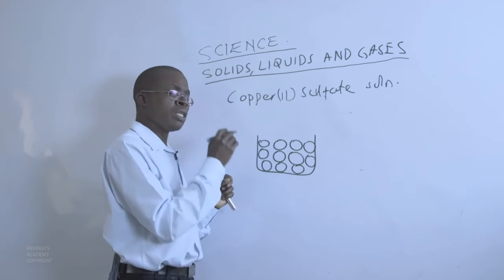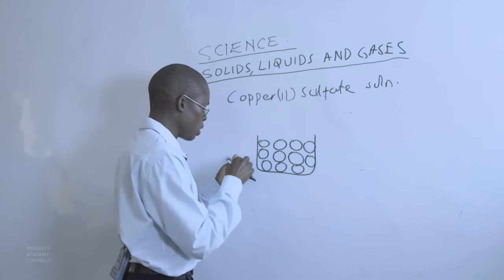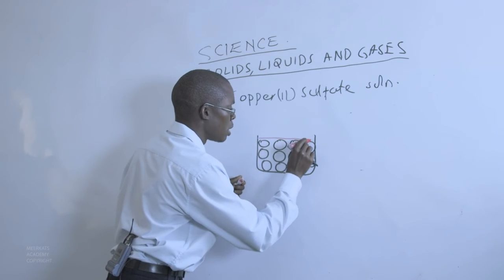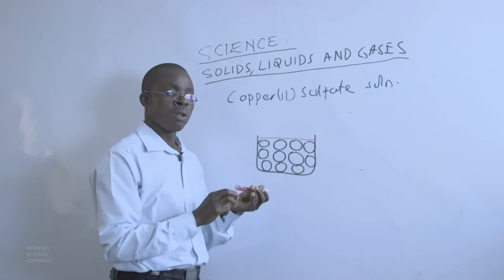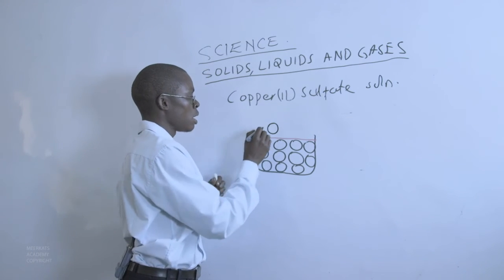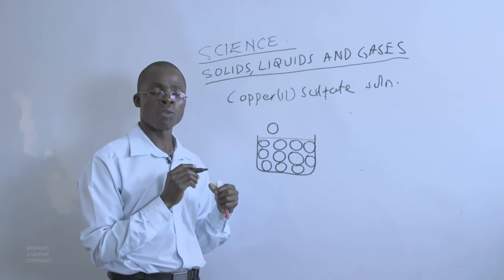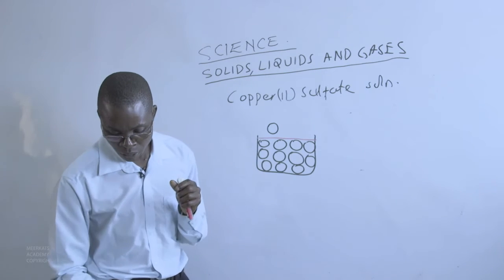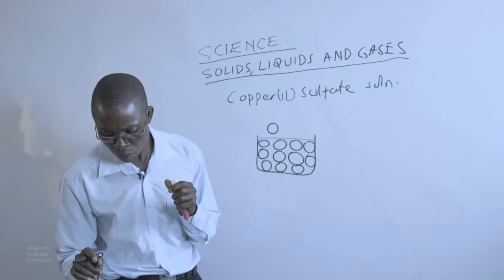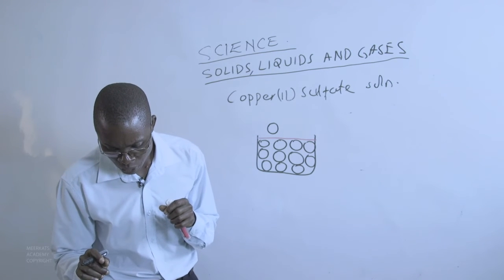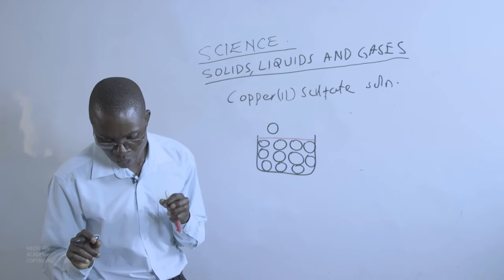So, you don't want to go beyond this level. You can't go beyond this level. You will discover that there is no way I can add in this other pool or golf ball into this. So it's the same as this. When a saturated solution of copper sulphate is made, no more copper sulphate will dissolve at that temperature.